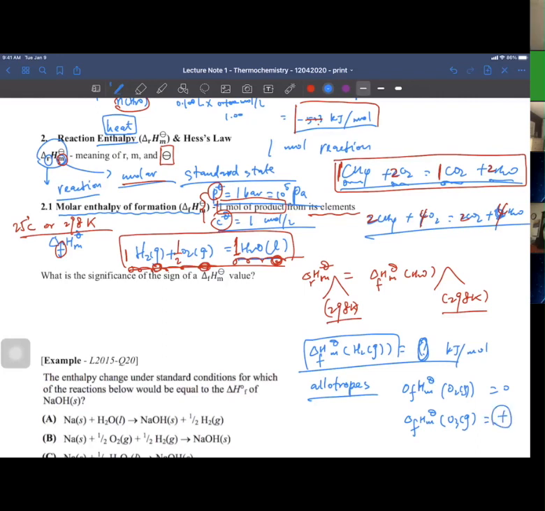It will be positive. So another question: what is the significance of the sign of the delta HF value? What does it mean for ozone to be positive? Does it mean the ozone is thermodynamically more stable or less stable?